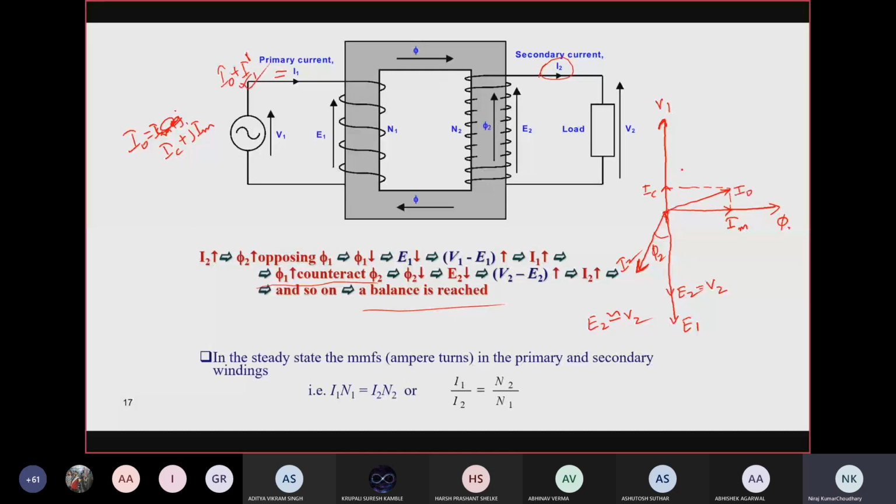I1 dash किधर होगा ये बताओ। बताओ। I2 के अपोजिट। Right, it will be just in phase opposition, equal in magnitude and in phase opposition to I2. Why?